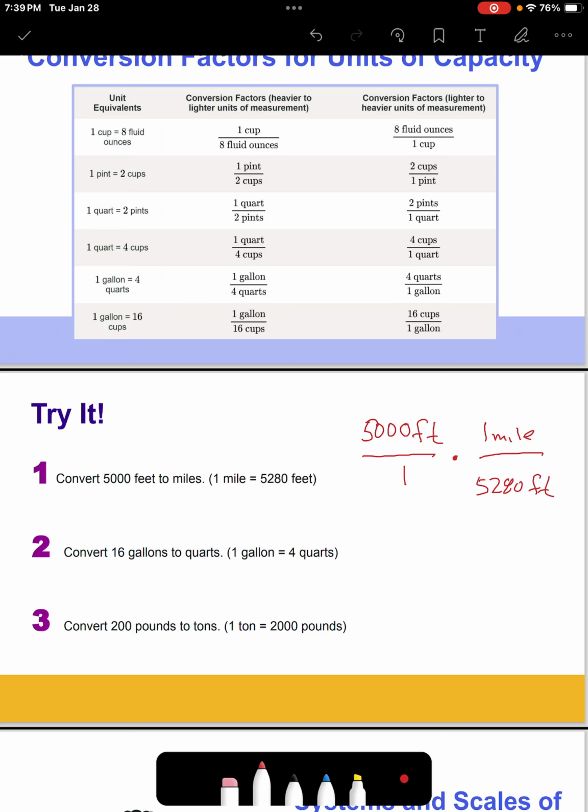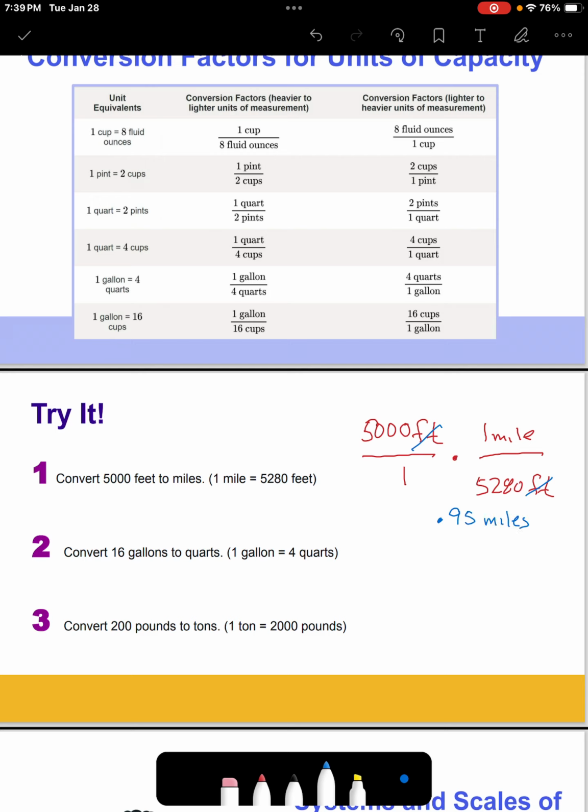And notice what happens here is that your feet cancel off. And then you have to divide those two. So if you take 500 divided by 5,280, that'll give you how many miles you have. And notice how we're talking 500, so you know you're going to be less than 1 mile. So you'll have 0.095 miles.